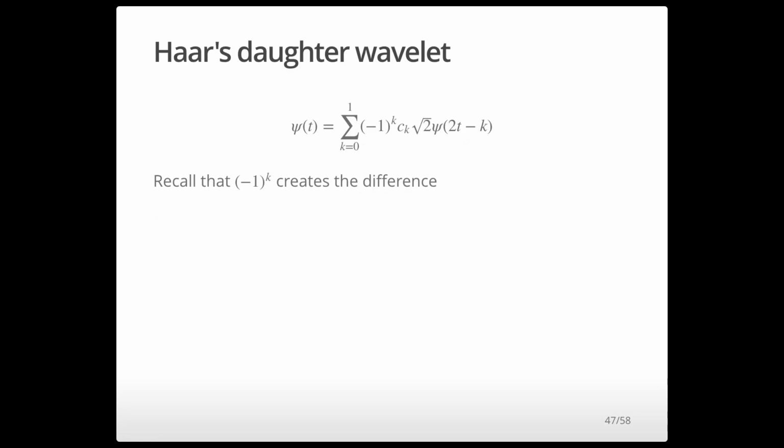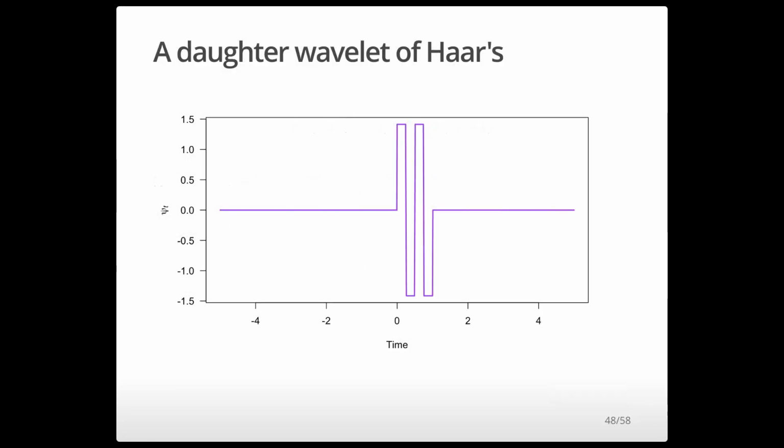Again, we can just put this differencing operator in here, -1 to the k, and if you do that, you'll come up with this. So this is now the daughter to Haar's mother wavelet, or the first daughter, as it turns out. There are any number of k, j combinations, I should say.